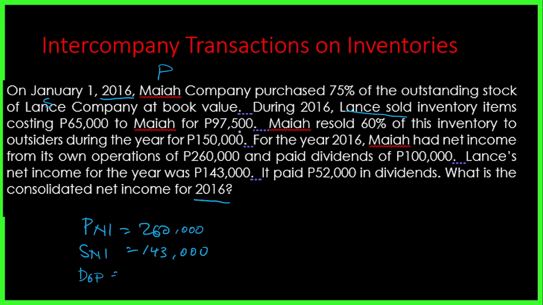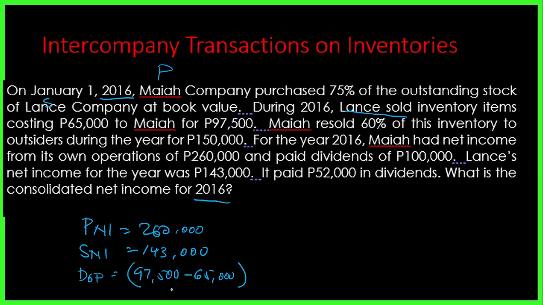And then Maya resold 60% of this inventory to outsiders during the year for 150,000. So, parang nandun na, no? So i-try nga natin. Ano yung deferred gross profit natin? That will be the profit coming from your unsold items. So if you look at the entire profit, magkano po yung buong profit natin? You have 97,500 minus 65,000.